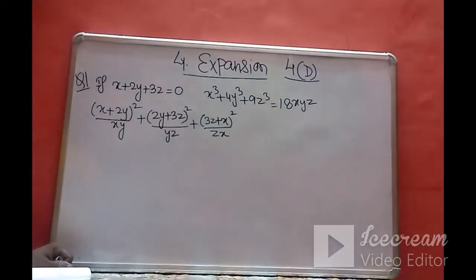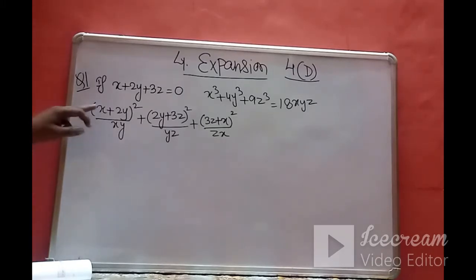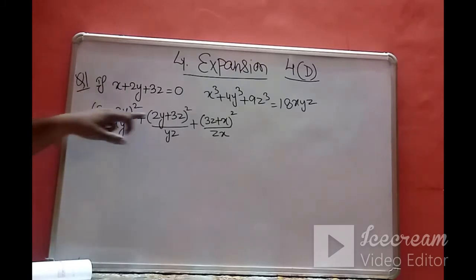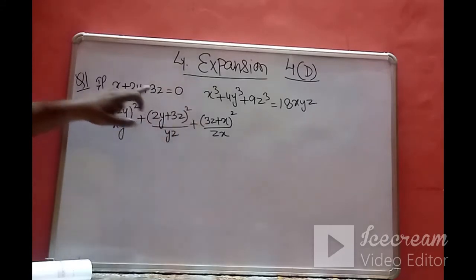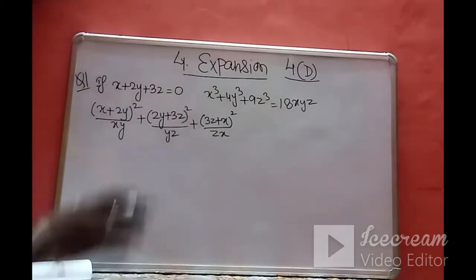Okay. Now if you take the LCM and start opening these squares, it will be difficult for us to evaluate. So if you see very carefully, this is x plus 2y. So what I am going to do is take out all the values of these square terms in terms of the other variable.